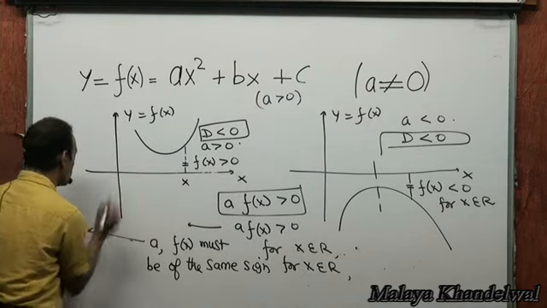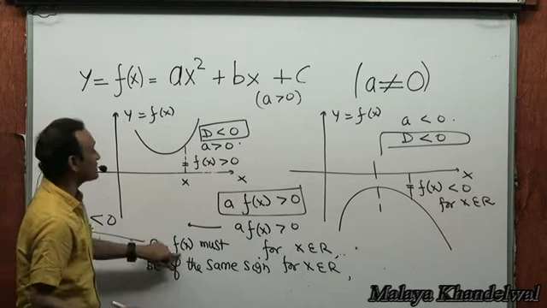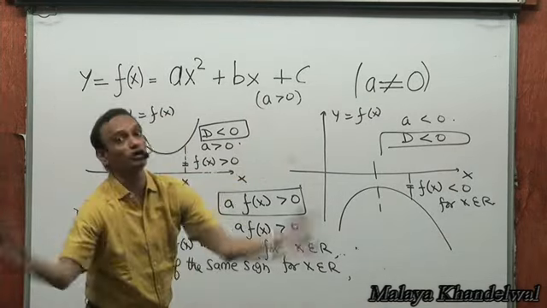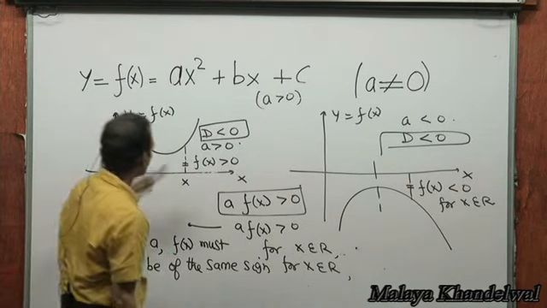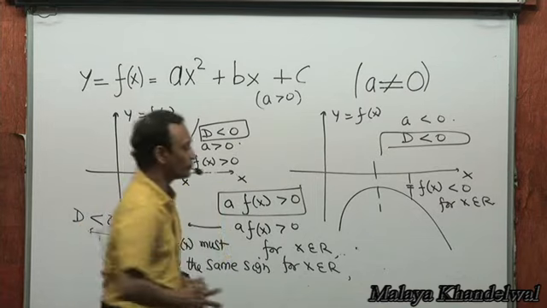That means you can conclude that the discriminant is less than 0. So both these cases are about a into f(x) greater than 0.